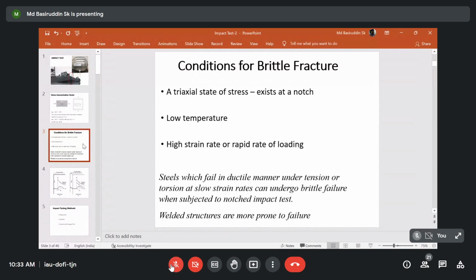This can be similar to the triaxial state of stress, that means when a material experiences normal stress in all three directions. If the material fails or deforms in this condition, that particular situation is called the triaxial state of stress.